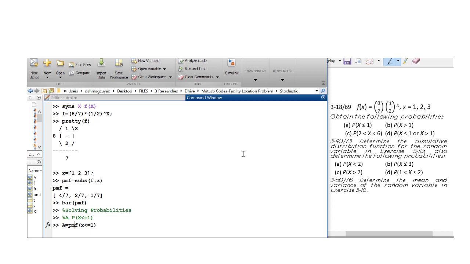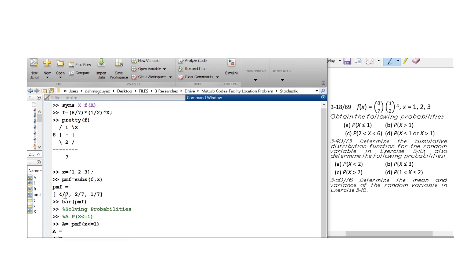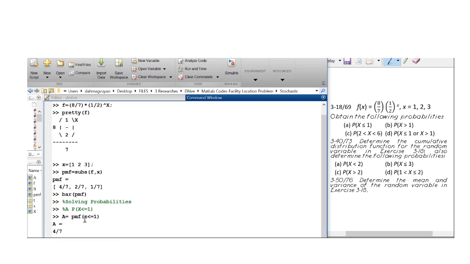We choose from the probability mass function the values for which x is less than or equal to 1. I think it is only 1 that is less than or equal to 1, so the probability should be 4 over 7. So A is indeed 4 over 7.